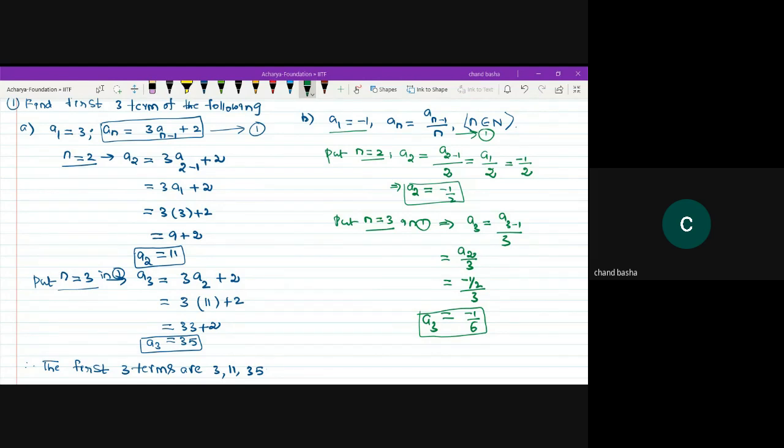And remember one thing. If you are taking board examinations, this syllabus is not included in the 11th and 12th standard sequence and series, but in all competitive examinations, one question will come from this chapter.